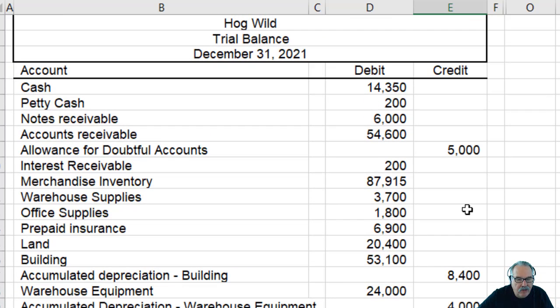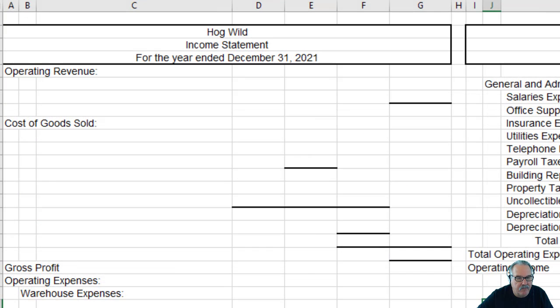We're going to use this trial balance to prepare our statements, the first of which is the income statement. The first step with any income statement is to prepare a heading. The name of the company is Hog Wild. This is an income statement, and it's for the year ended December 31, 2021.